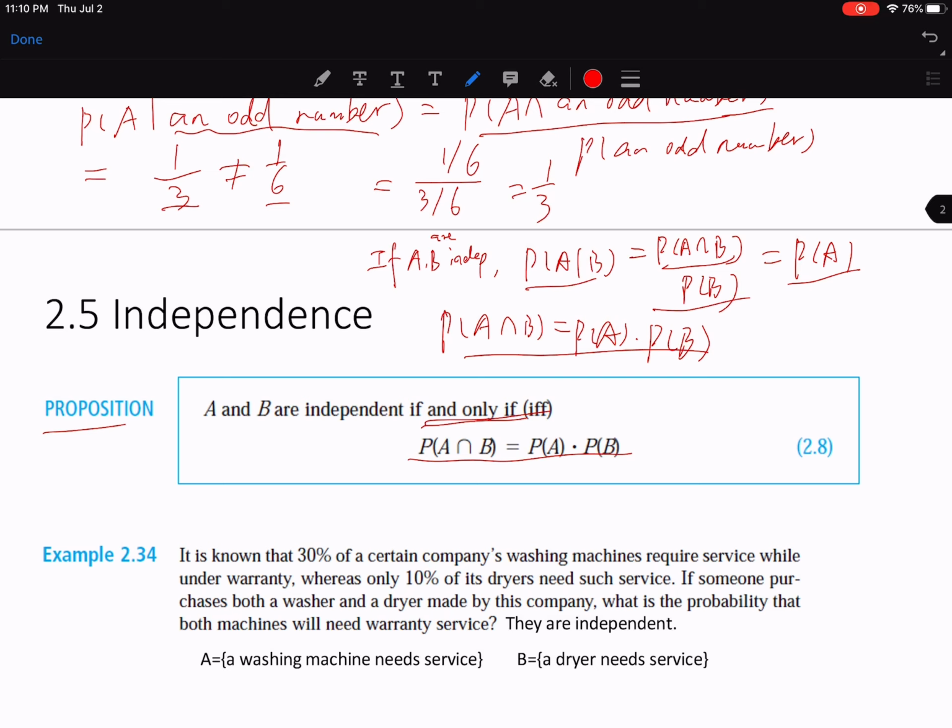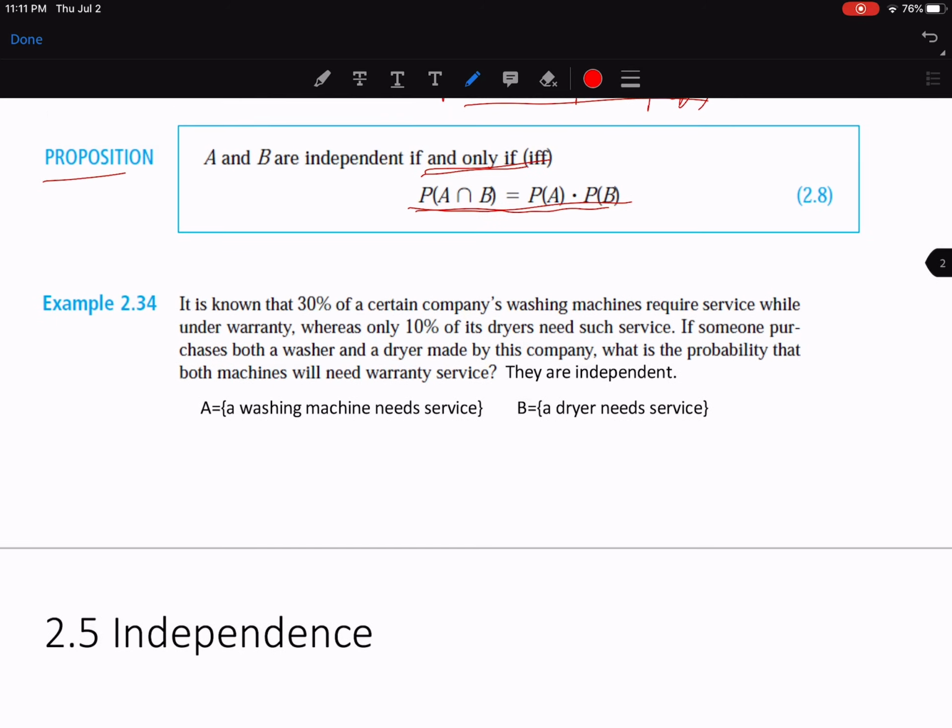So if we want to identify if two events are independent, we just need to check whether the probability of A intersection B is equal to the probability of A times the probability of B. If they're equal, then those two events are independent. If they're not equal, then they're not independent. That's it. Now, once this proposition is clear, let's take a look at the example here.